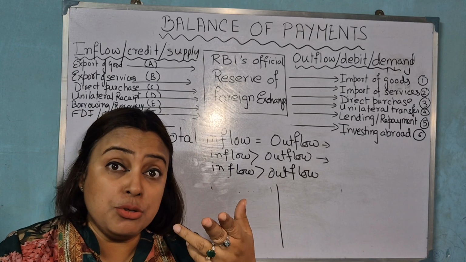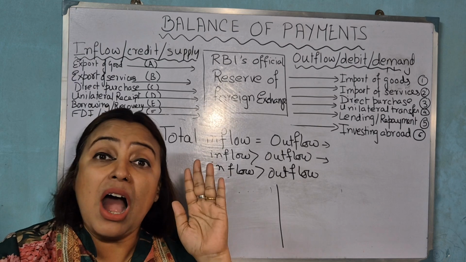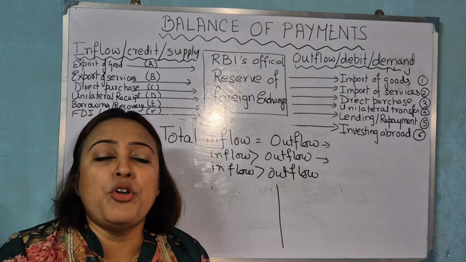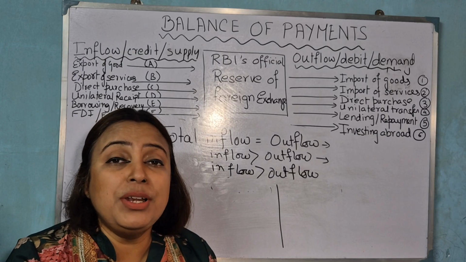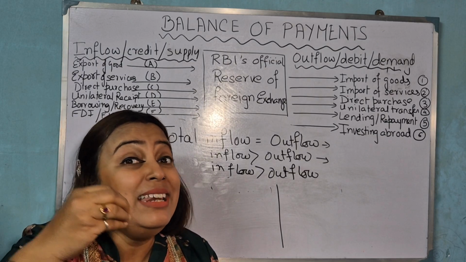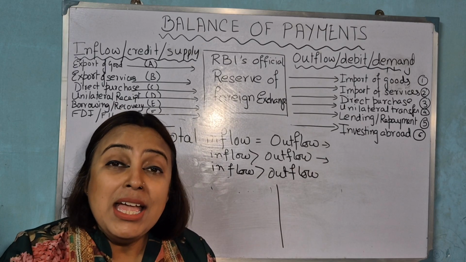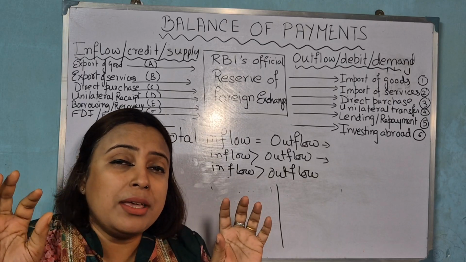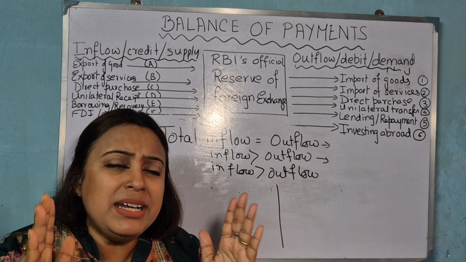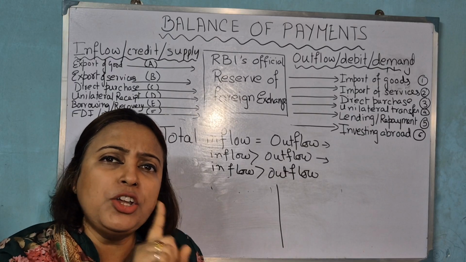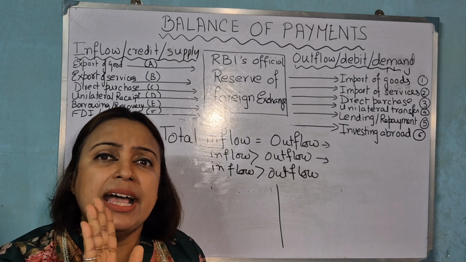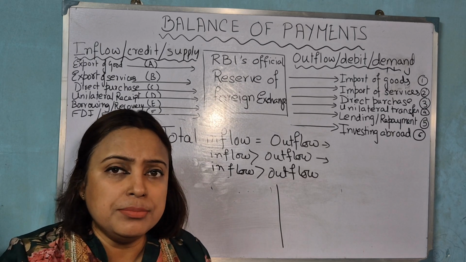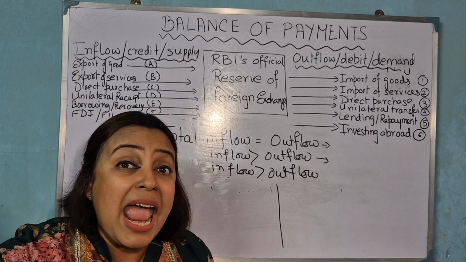If, as just now we have discussed, outflow is lesser than inflow, मतलब पैसा ज्यादा आया है, खर्चा कम हुआ है foreign exchange का, in that particular case the surplus foreign exchange will be lent out by the RBI. ये जो सरप्लस को लेंट आउट किया जा रहा है, लिसन टू दिस केयरफुली, वो क्यों किया जा रहा है? ताकि बैलेंस ऑफ पेमेंट अकाउंट में दोनों तरफ डेबिट और क्रेडिट इक्वल दिखे, इसको इक्वलाइज करना है. So obviously if there is greater inflow, that excess amount will be lent out. Lent out means we are accommodating now.